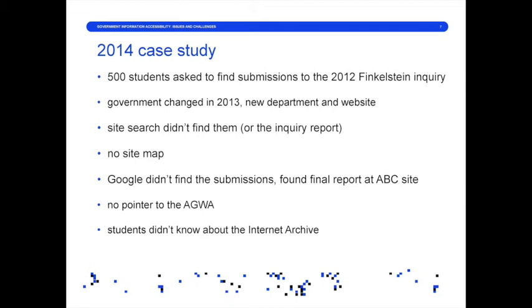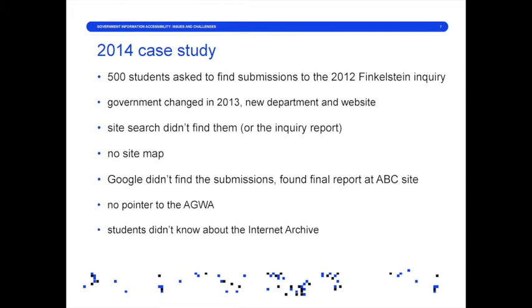And of course they did what everybody does. They went straight to Google and they couldn't find them. They did actually find the final report, but not at the department, which was the Department of Communications at that time. They found it at the ABC, so yay, ABC.